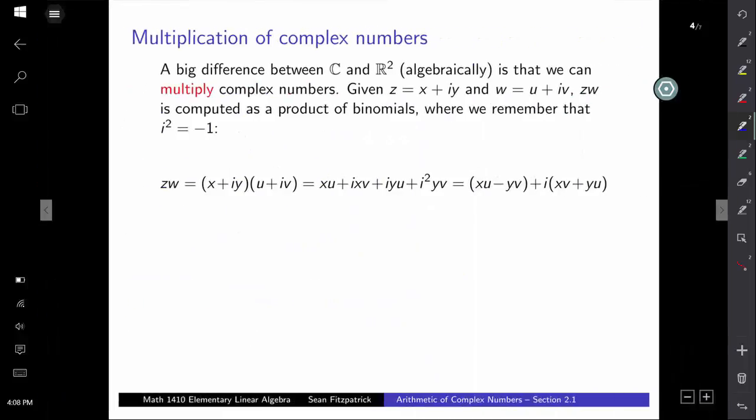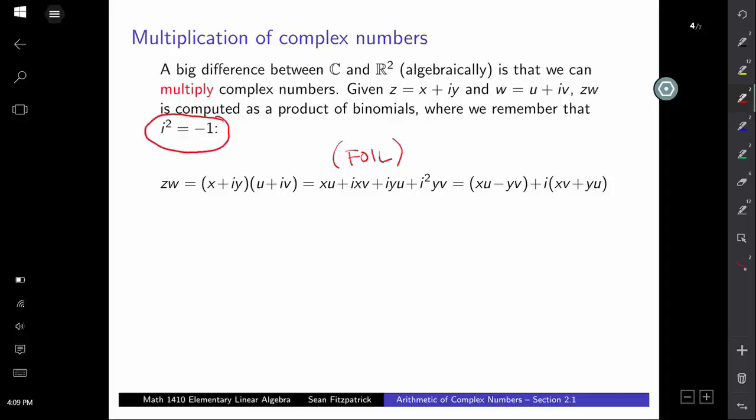Now, moving on to multiplication. Addition works exactly the way you would expect it to. Multiplication, well, the formula looks kind of scary, right? I wrote this thing down here and it looks kind of awful, but it really is just FOIL. The only thing is that you have to remember that you're dealing with complex numbers, and complex numbers involve this i term, and i is the square root of minus 1.